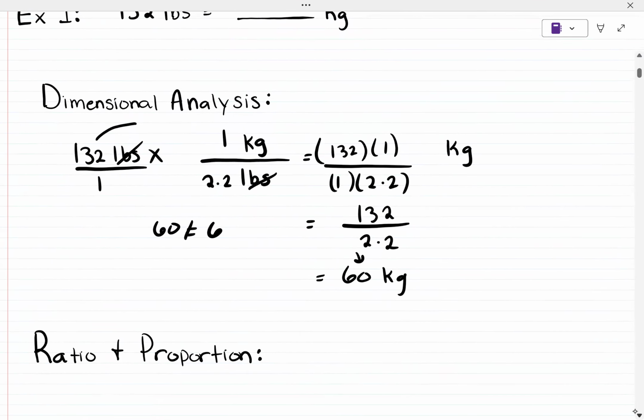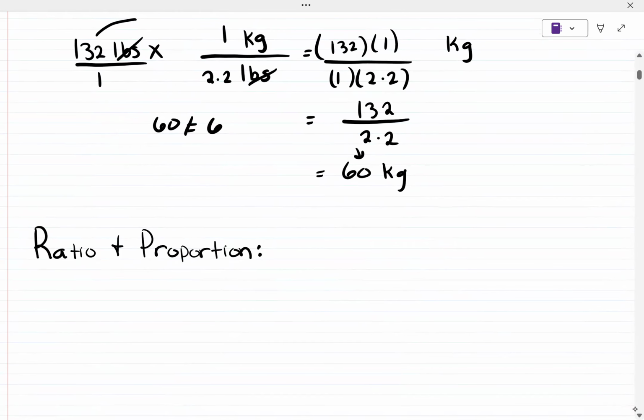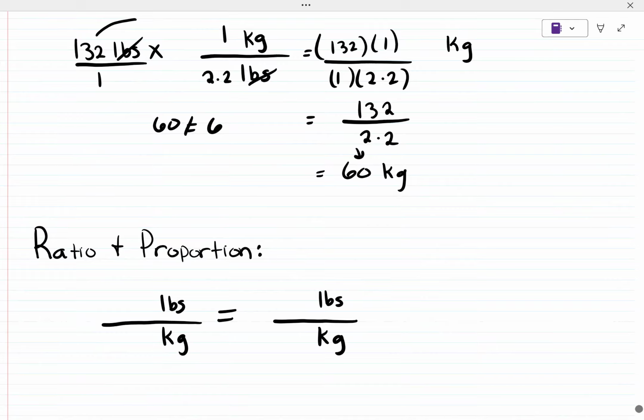And then ratio and proportion, how do we set it up? We set it up like this. If you recall ratio and proportion, you can set it up any way you like, as long as the numerator matches the numerator on the other side and the denominator matches the denominator on the other side. So you could put pounds on the top, kilograms on the bottom, and then pounds on the top, kilograms on the bottom.